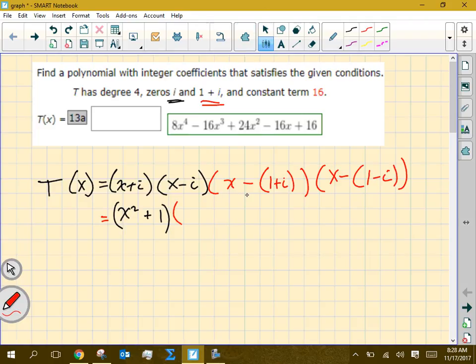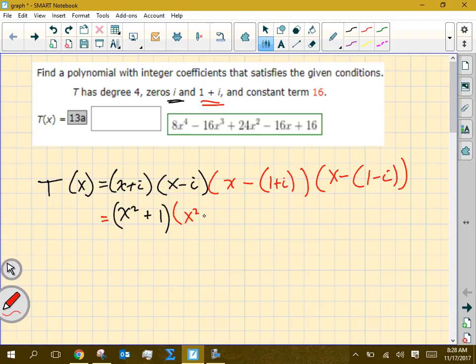If I go first times first, it's x times x, so it gives me x squared. And then we go outside times outside. So outside is this negative 1 minus i, a negative quantity of 1 minus i, and then times my x.